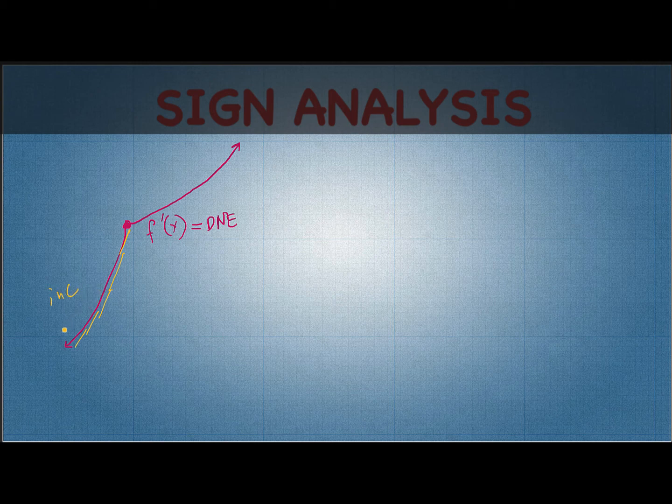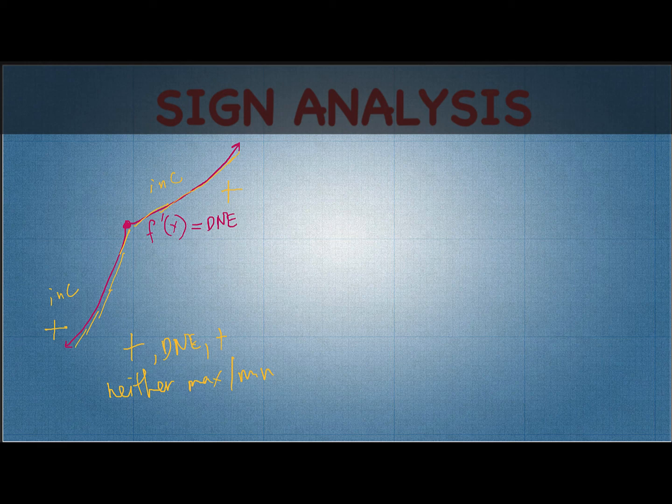If that is increasing, its sign will be positive. At this point it does not exist, and after the critical point we still have an increasing slope, so still positive. So our sign analysis here will be positive, does not exist, and then positive. So this one will produce neither a maximum nor a minimum.